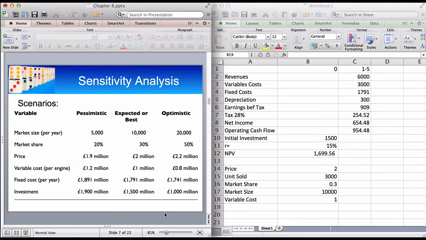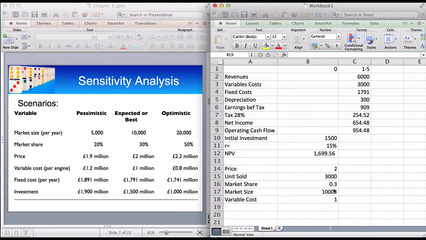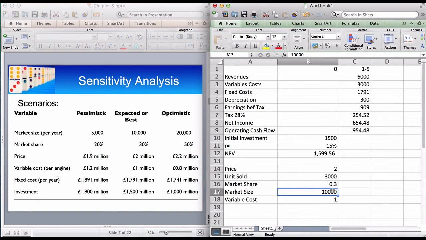Now we're going to go into the actual analysis itself. We start off with sensitivity analysis. With sensitivity analysis, you change one variable at a time and you look to see how the outcome, the net present value, changes as a result of changing one of the inputs. So if we were to, for example, look at the market size first. We expect it to be 10,000, but it could be 5,000.